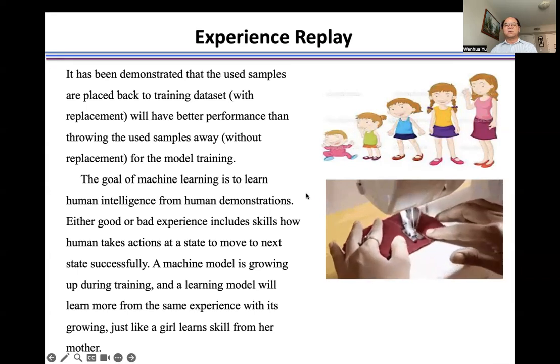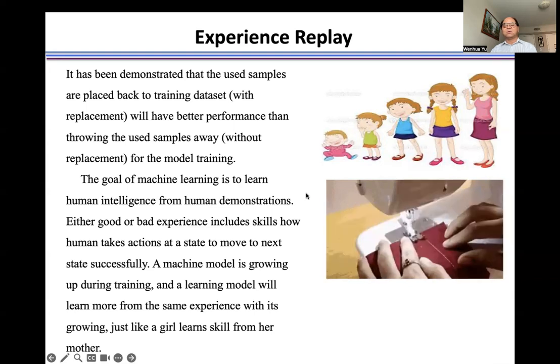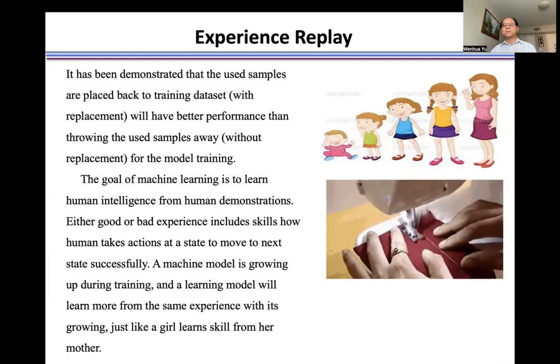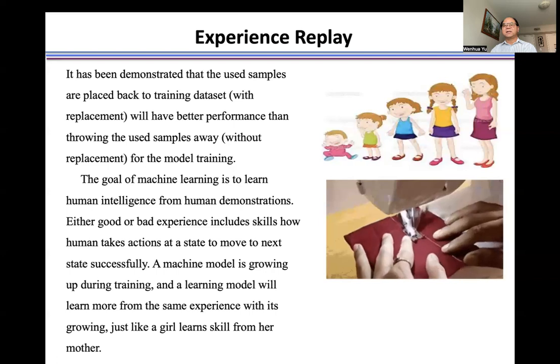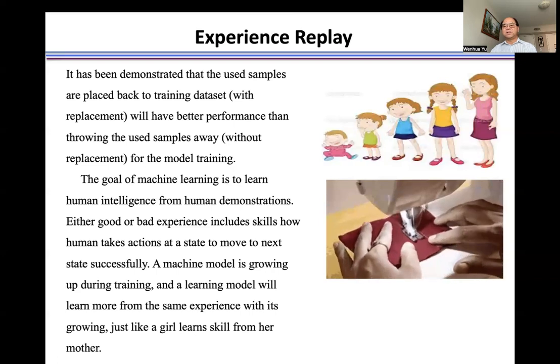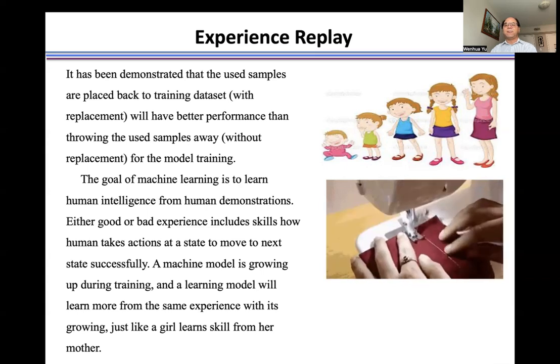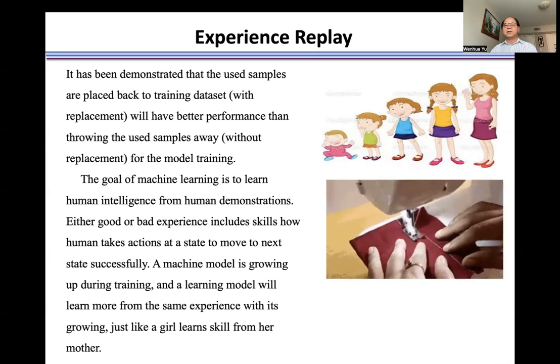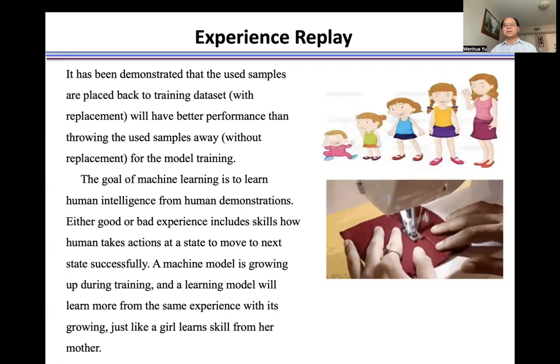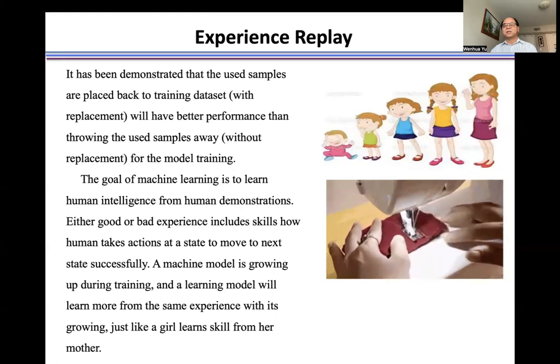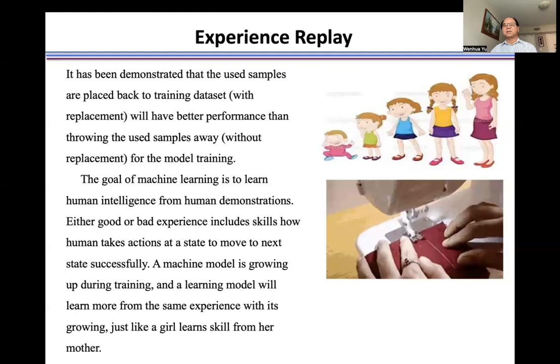What the Q-learning or reinforcement learning model learns is first to try to understand human intelligence. That means when a human enters a state S in the unknown environment, how can a human or expert take action to receive the maximum reward?